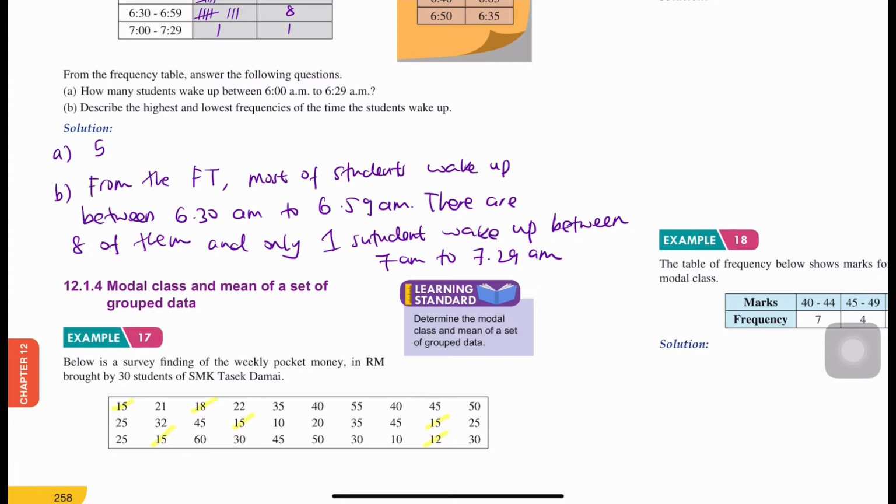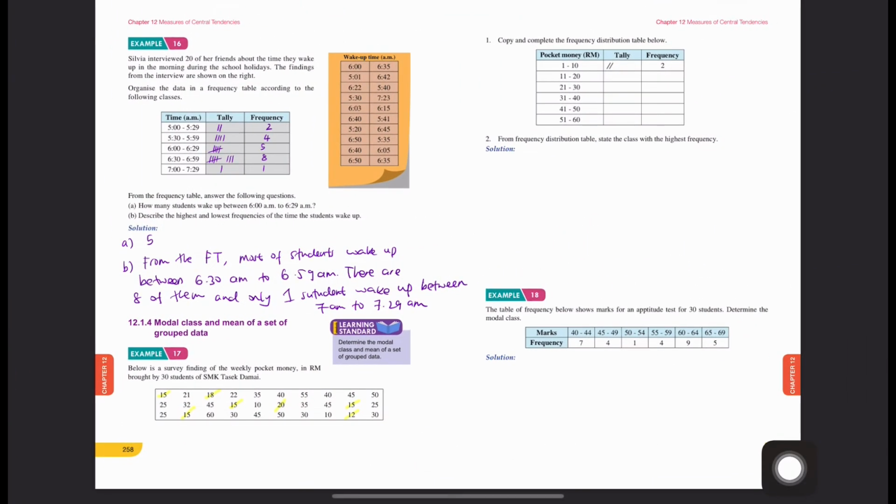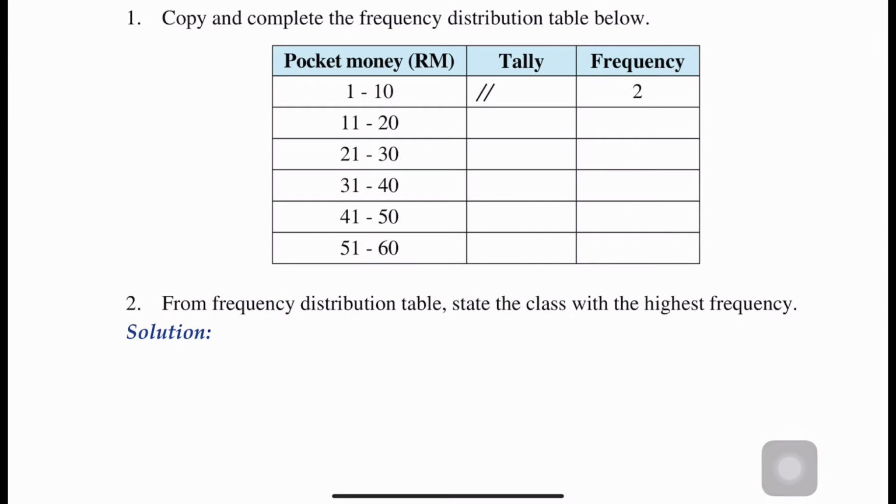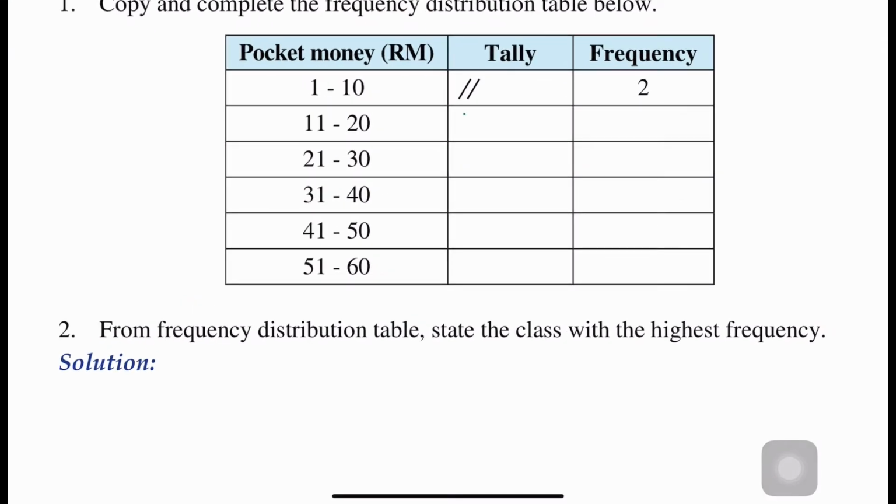Ada lagi tak? Tujuh. So ada 7 semua. Dalam bentuk tally macam mana kita nak buat? Ingat tally dia 5. So 1, 2, 3, 4, 5, one tally. Next 6, 7. So frekuensi kita ada 7.